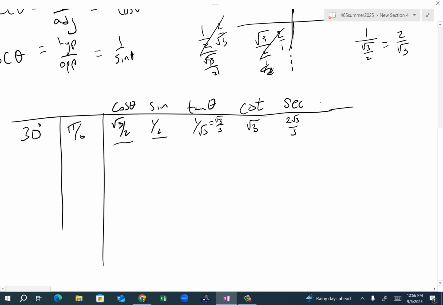And then, of course, cosecant, 1 over sine, is 2. You can do that for all of them. I'm not going to waste a bunch of time doing all of them because you've all seen them before. That should be pretty easy review stuff.